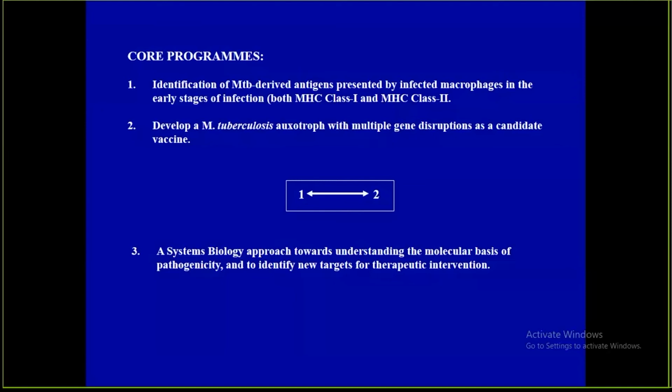But I don't think there is any study on the kinetics of secretion of these antigens in MTB within macrophages. So we do not even know what kind of secretion levels there are of these antigens at different stages of infection.